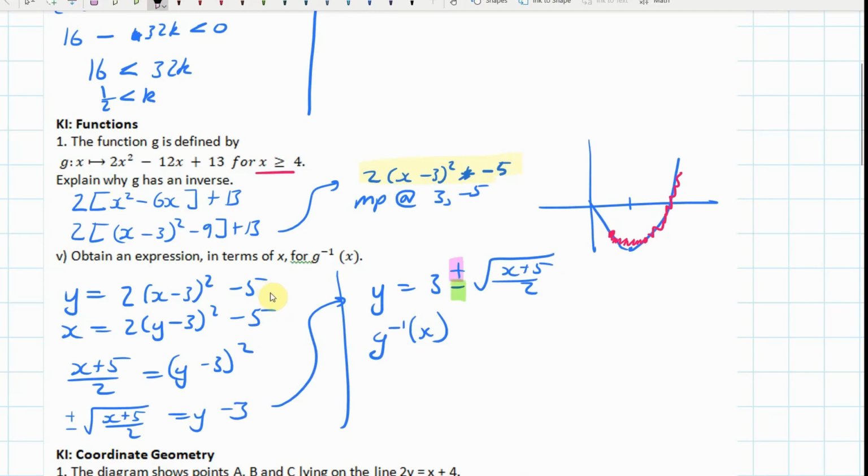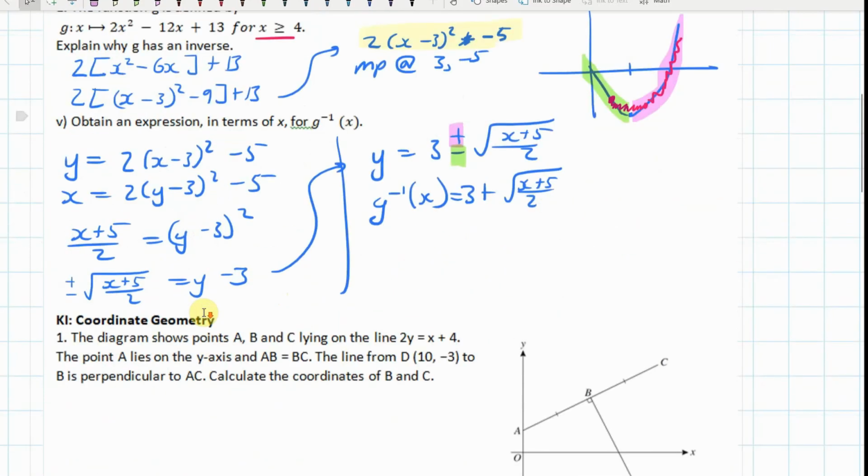Now, the positive is always this part, and the negative is always on the other side of the turning point. So obviously in this case we want the positive, so it's going to be 3 plus the square root of (x plus 5) over 2.